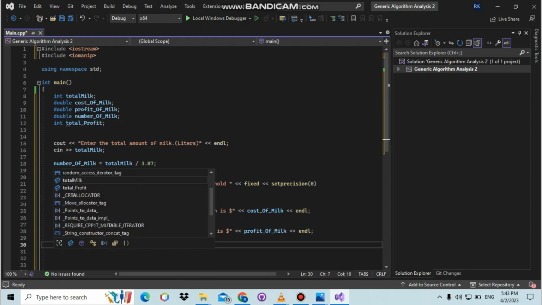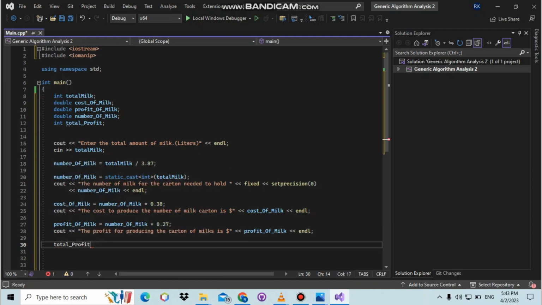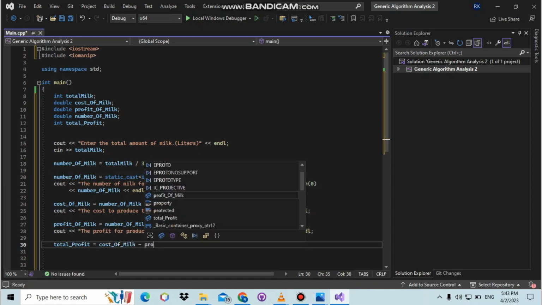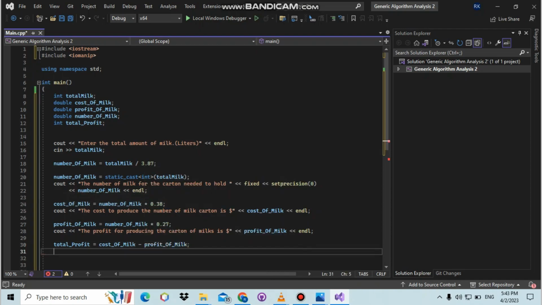Total profit equals now the cost subtracted from the profit. Total profit made.